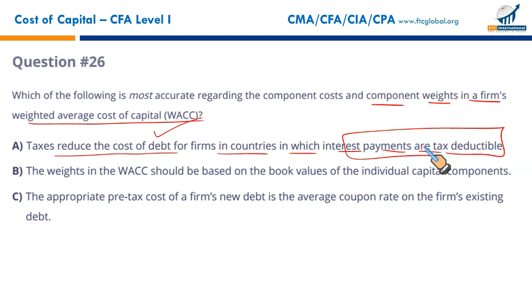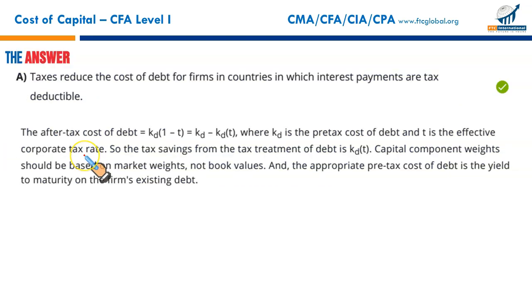You get a benefit on tax. So tax reduces the cost of debt. That's the reason we have this formula for calculating cost of debt: coupon or effective rate multiplied by 1 minus tax rate. This is the effective cost on debt, since some part of the interest is saved by tax. So we need to look no further. A is the right answer.